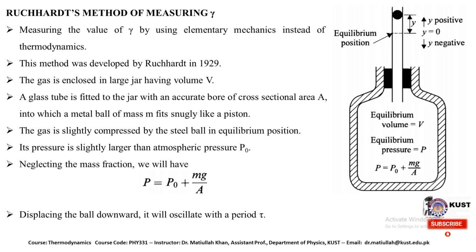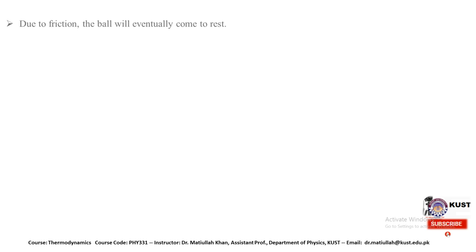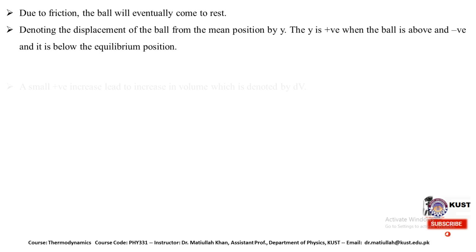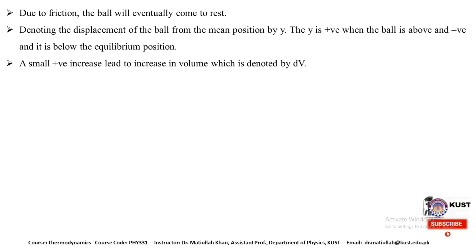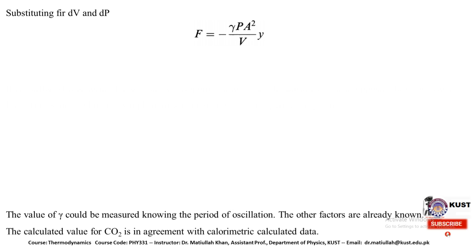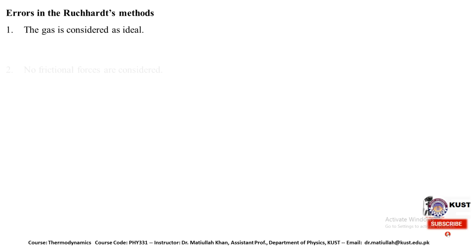It was not very accurate, and the disadvantage of this experiment was these three drawbacks. Later on, these three drawbacks were taken into account and modified in this experimental setup.